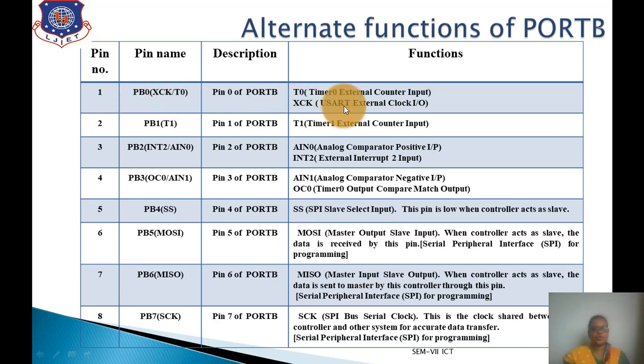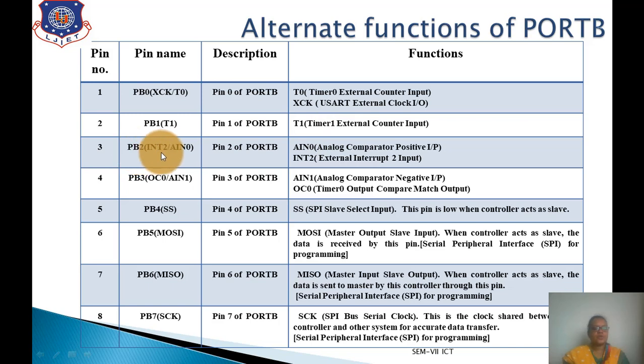XCK is used for USART external clock input output. Whenever there is serial communication using the XCK clock, the external clock will be synchronized. Second, PB1 stands for T1, the timer 1 external counter input. So PB0 is for T0, timer 0, and PB1 for timer 1. So there are 2 timers.